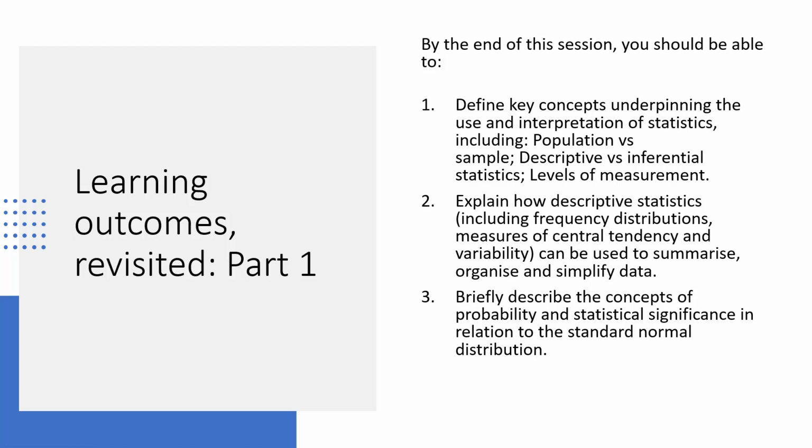We've also looked briefly at the levels of measurement and how that influences the types of descriptive statistics we can produce. In fact, we've looked at descriptive statistics and how we can use those to summarize our data, organize it and simplify it.